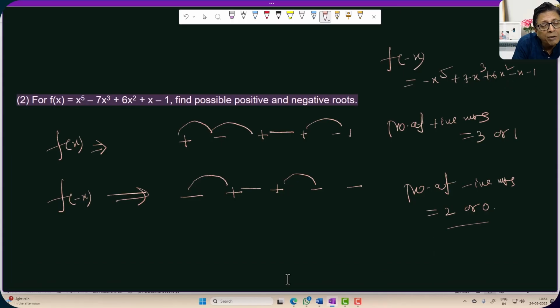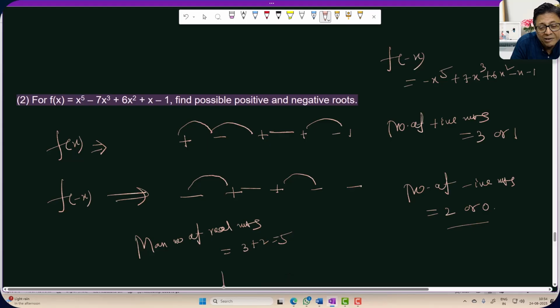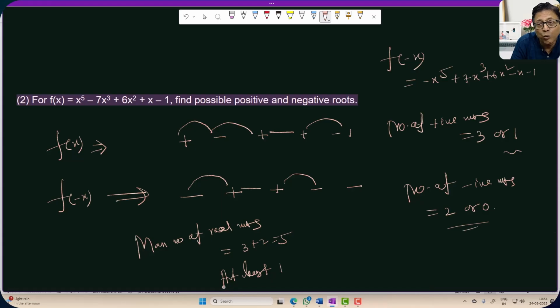So the maximum number of real roots by Descartes rule is 3 plus 2, that is 5, and we can see that at least, this is 1 and this is 0, at least 1, this is positive of course, at least 1 real root is there.